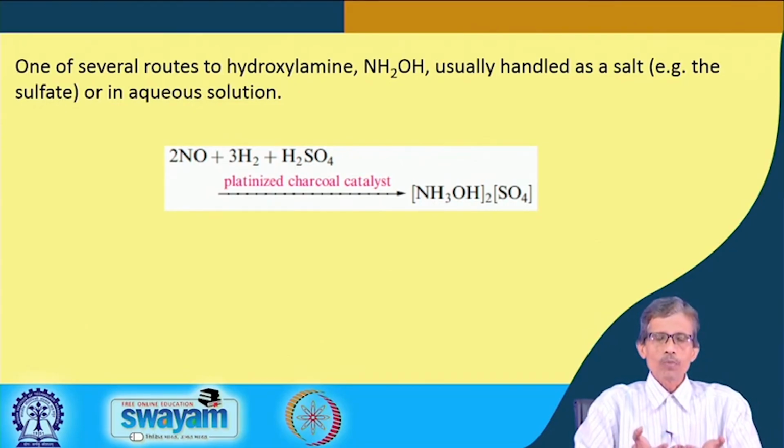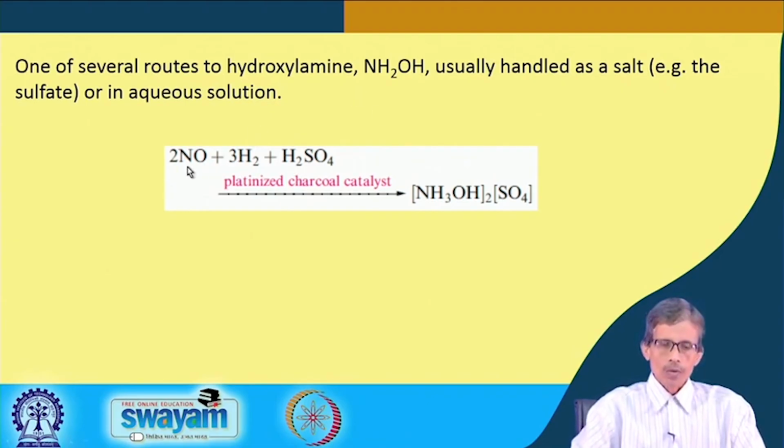Hydrogen atom absorption or hydride formation on the platinum will be useful for transferring hydrogen atoms to the NO molecule, and that transfer of hydrogen we consider a typical hydrogenation process, which will be useful for converting nitric oxide to NH2OH, hydroxylamine.